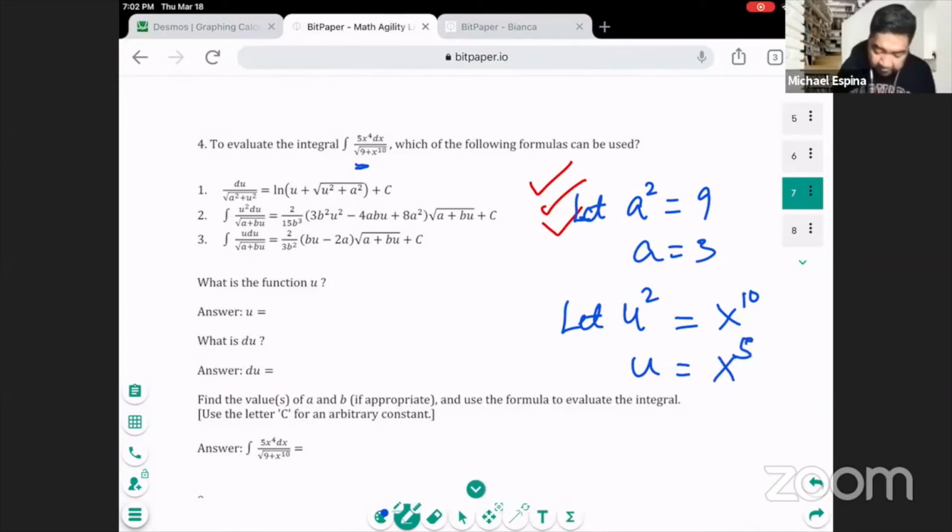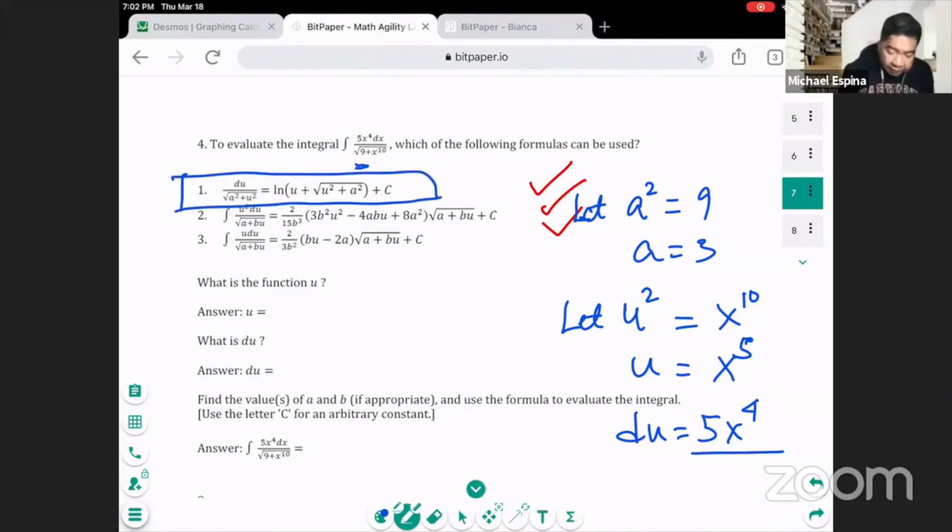If we take du, the derivative of x to the 5th, we get 5x to the 4th, which is exactly the numerator of our integrand. So for number 1, we can actually use this formula.